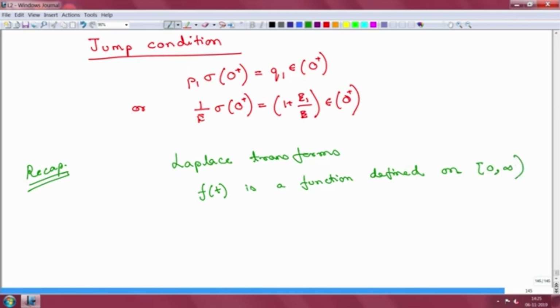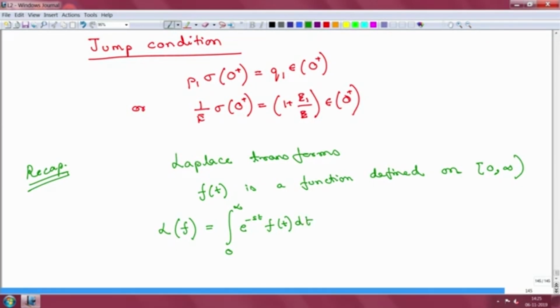Then the Laplace transform, usually denoted as L of f, is given by this particular integral from 0 to infinity of e to the power minus s t f t dt.